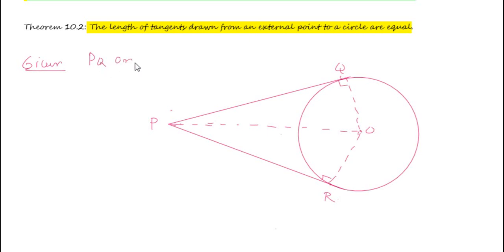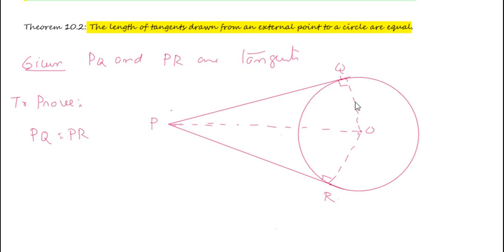PQ and PR are tangents. To prove PQ equal to PR, let us do some construction.